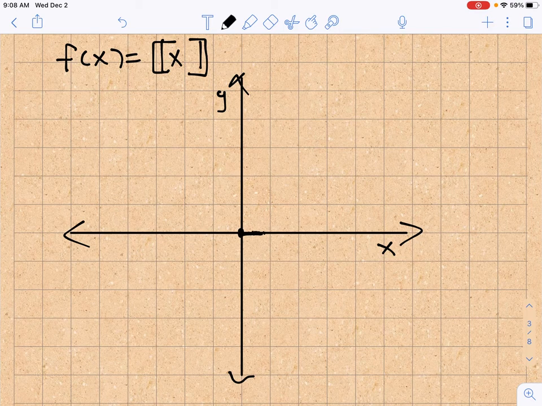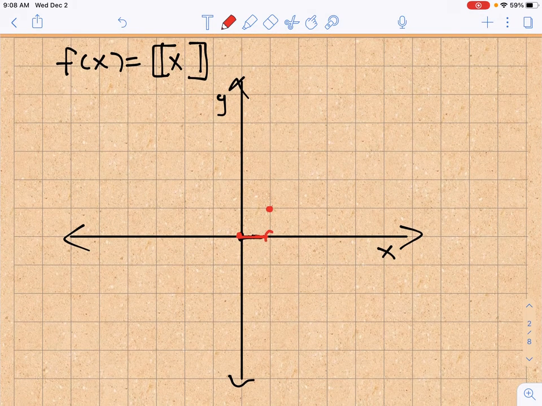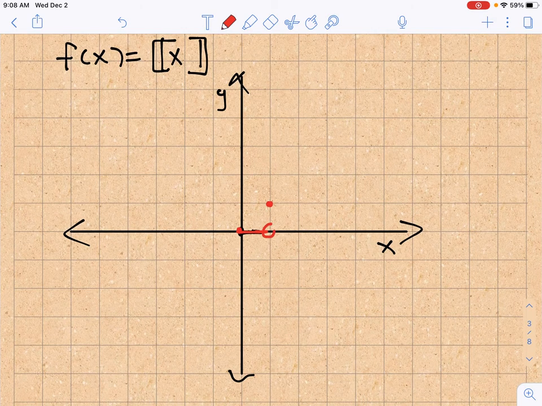So you're going to get this thing, and I'm going to use red, that looks like this. And then when you actually get to 1, it doesn't include 1 because when you hit 1, it goes up to 1. So we put an empty circle, denoting that it goes up to that point but does not actually include that point.